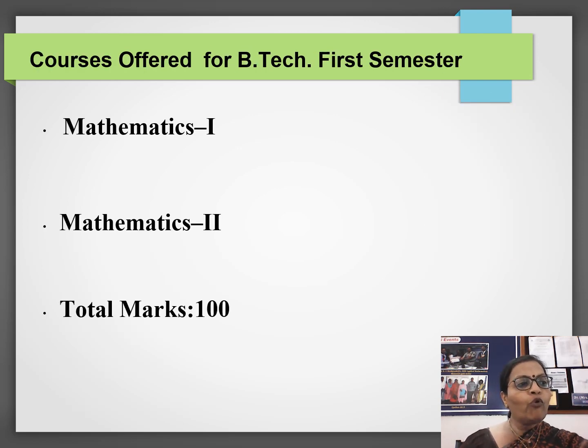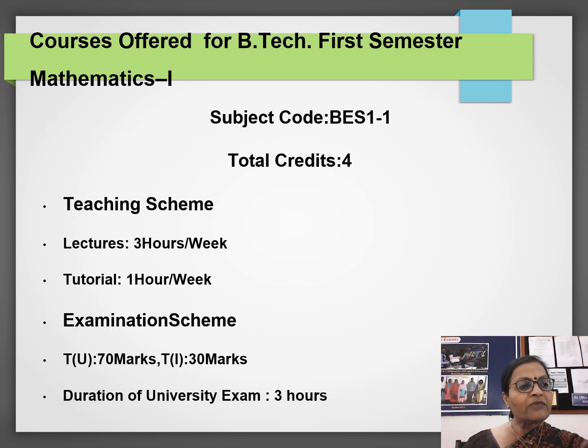Today, I am going to focus on BTech first year, that is Mathematics 1, whose subject code is BES11 with total credits of 4, 3 theory lectures and 1 tutorial based on these theory lectures in every week. It has a university question paper of 3 hours.